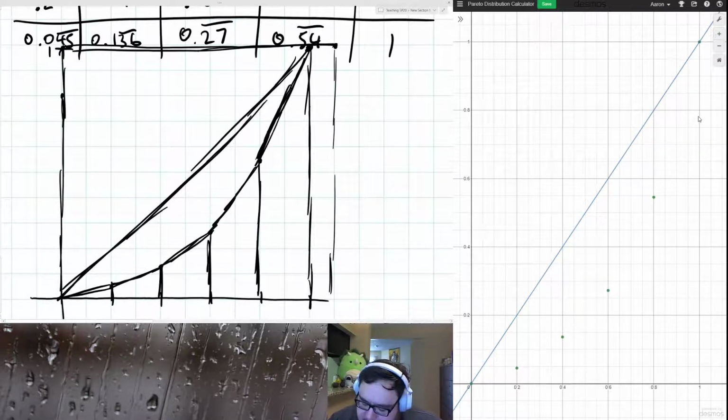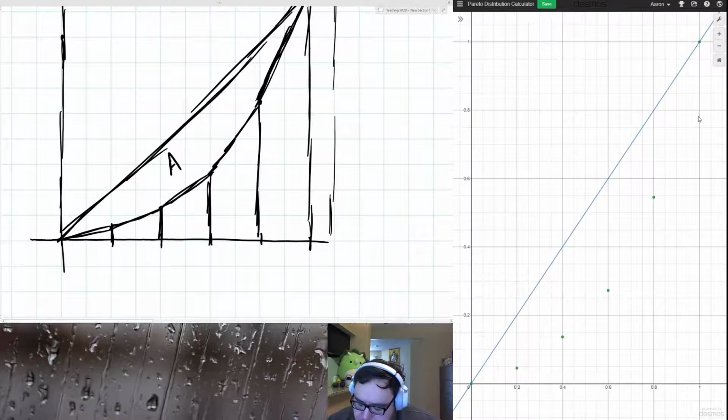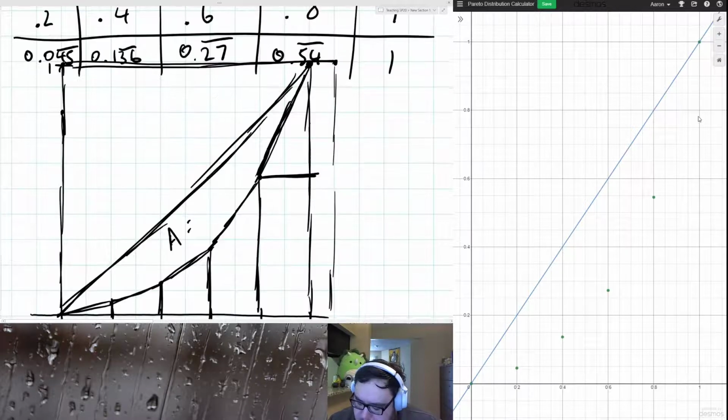And to estimate the area that we need for the Gini index, we can split this up into triangles and rectangles, and use some geometry to estimate the curve.